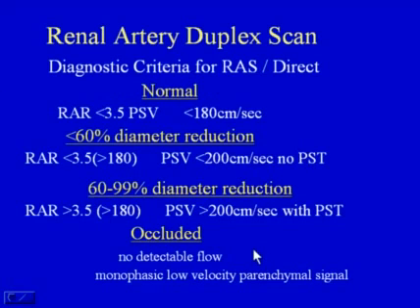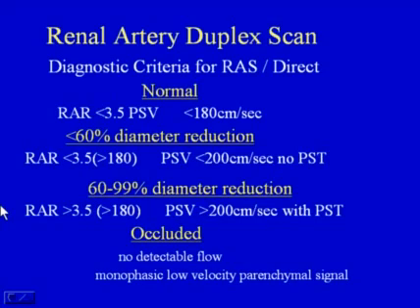Now the diagnostic criteria: a renal aortic ratio of less than 3.5 is considered normal. The associated absolute peak systolic velocity, a PSV of less than 180, is considered normal. A diameter reduction of less than 60% is consistent with an RAR of less than 3.5.